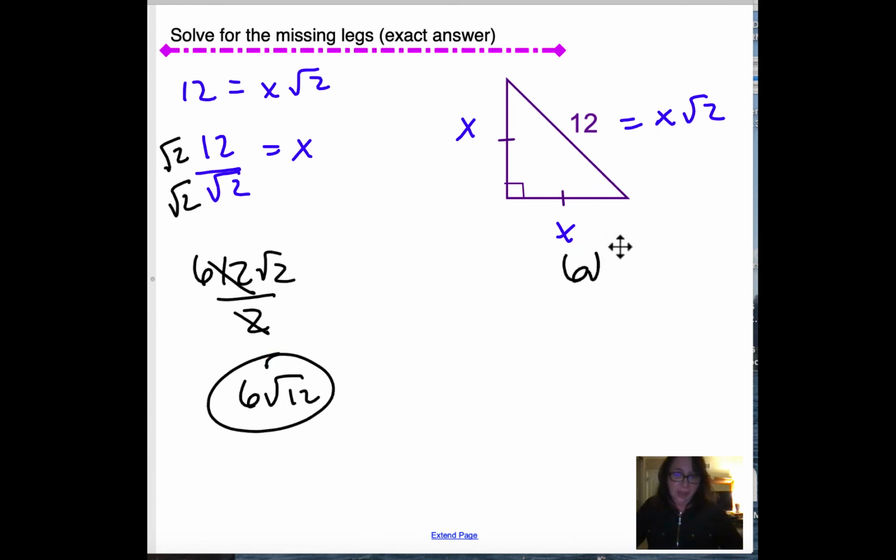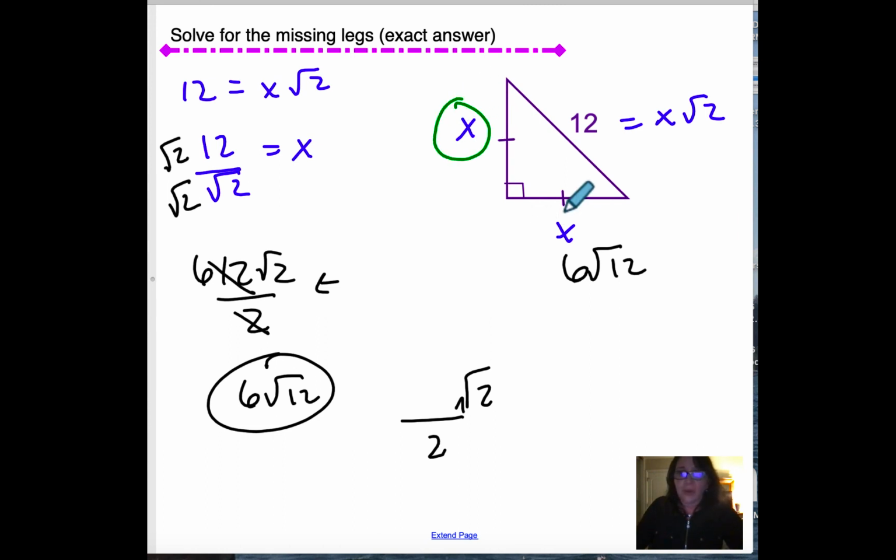That's the length of the side. Second way is to use the little trick, the shortcut method, which says divide by 2 and multiply by root 2, and that's from right here. The third way of solving this is just to use Pythagorean theorem.